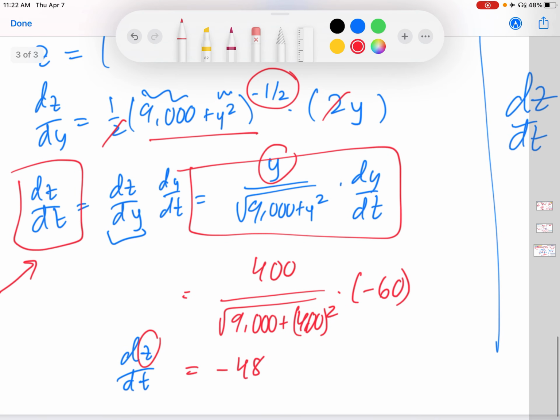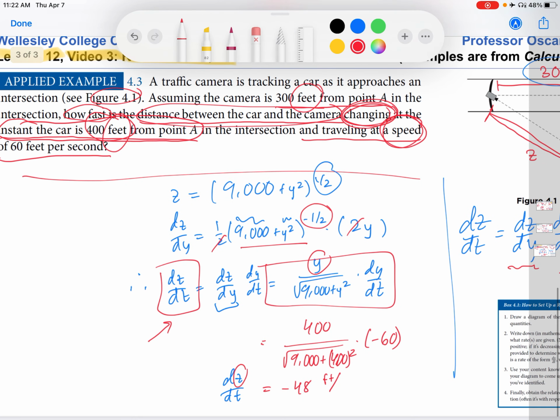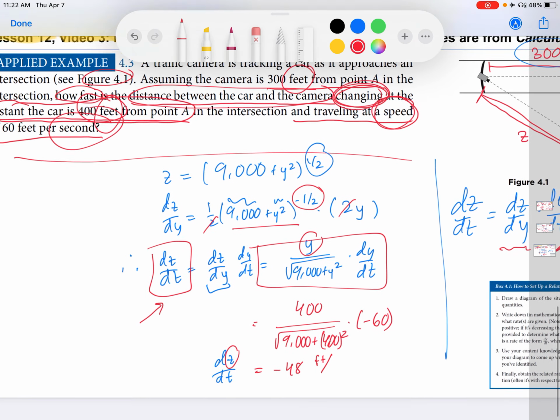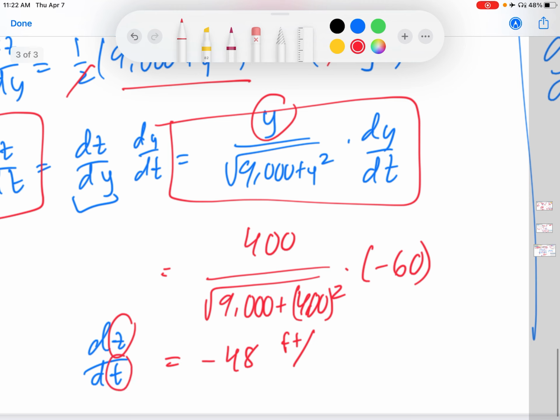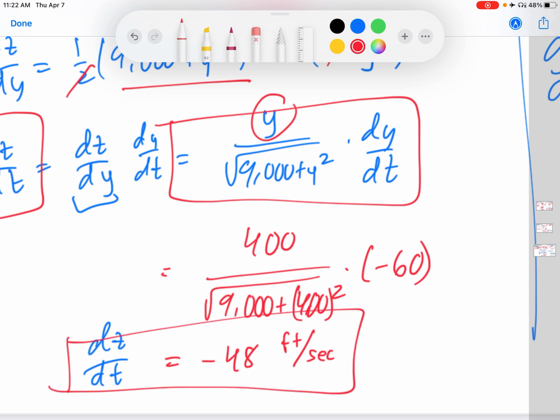So z is in the numerator, so that should give us a unit of feet. The denominator t we've been measuring as time in terms of seconds, right? Speed was 60 feet per second. So t here is in the denominator, so the unit of seconds goes in the denominator on the right-hand side. So that's it. This is the numerical value for dz dt.